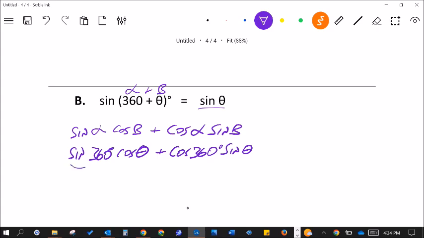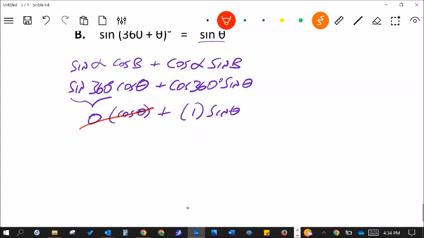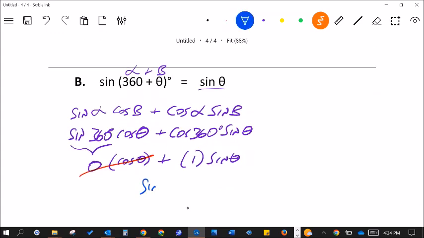The sine at 360 is a 0. The cosine at 360 degrees is a 1. So 0 times that means it's just 0. And 1 times the sine of theta is the sine of theta. And oh, guess what? We just verified this identity. Wow, it really boils down to all of it going away except the basic thing that you need. So I just verified it.